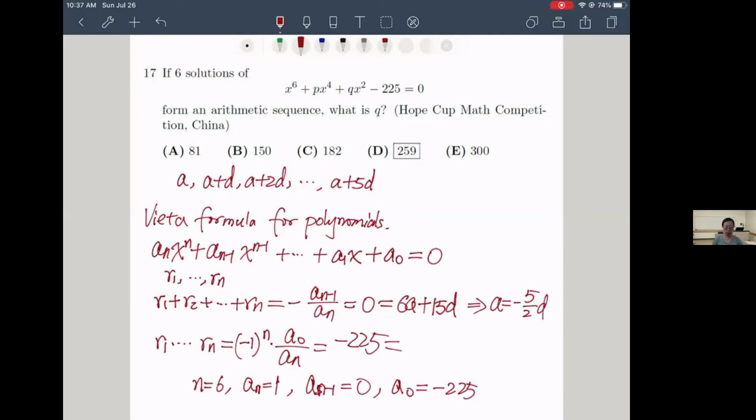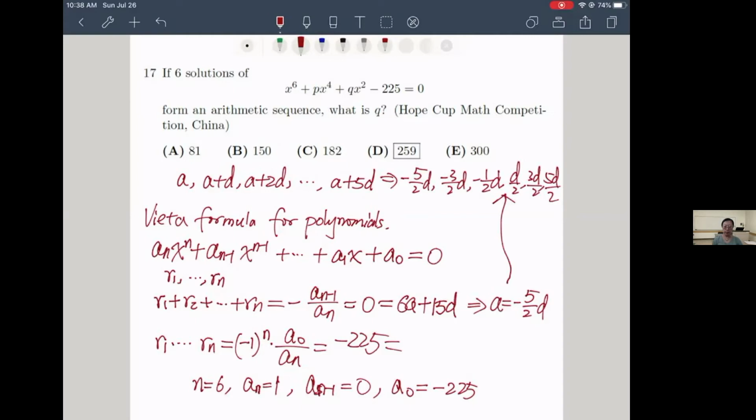Because we already know that A equals negative 5 over 2 D, we can rewrite the product as negative 5 over 2 D plus D, negative 3 over 2 D plus D, negative 1 over 2 D plus D, which gives D over 2, 3D over 2, and 5D over 2.